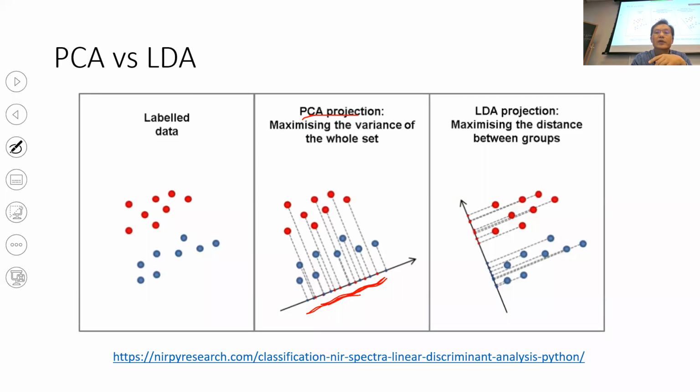Whereas with LDA, you consider the separation of the data. So that's the mean difference between two groups, and also consider the within-group variability. Any questions? Okay, we are moving on.